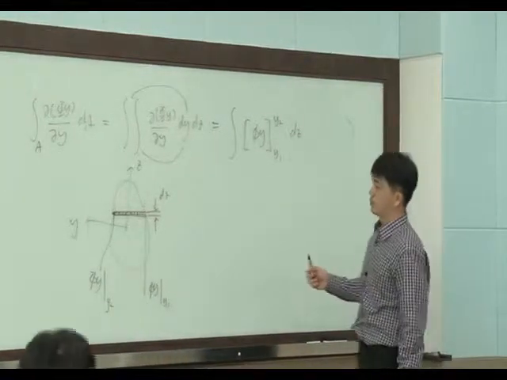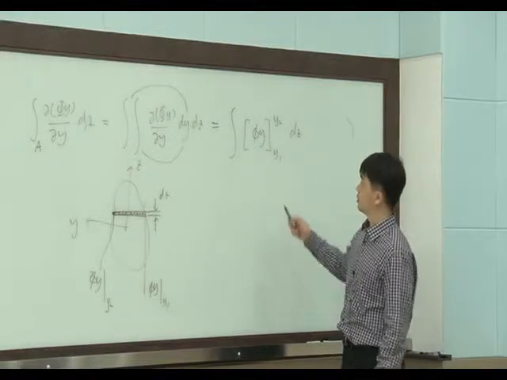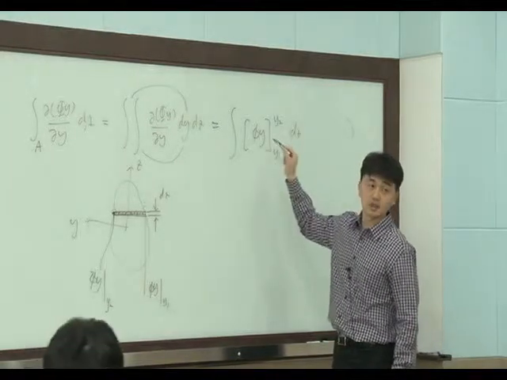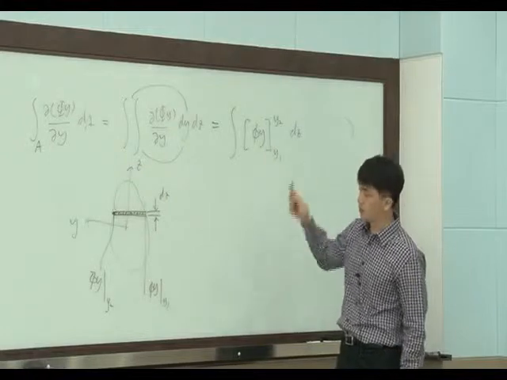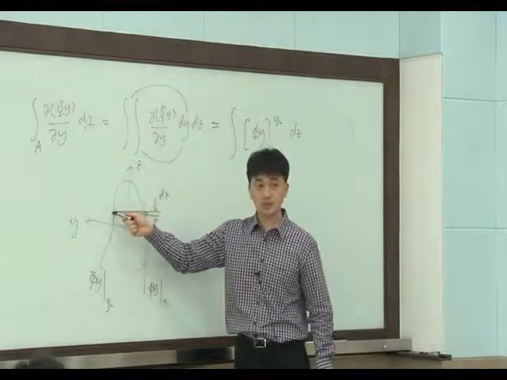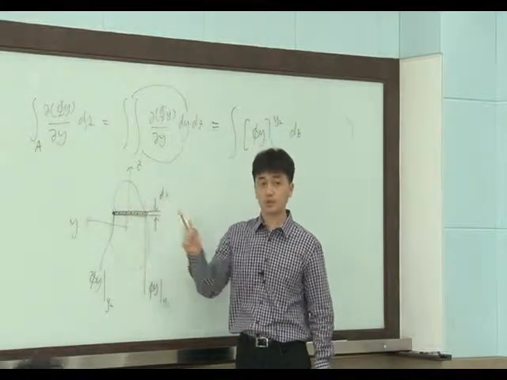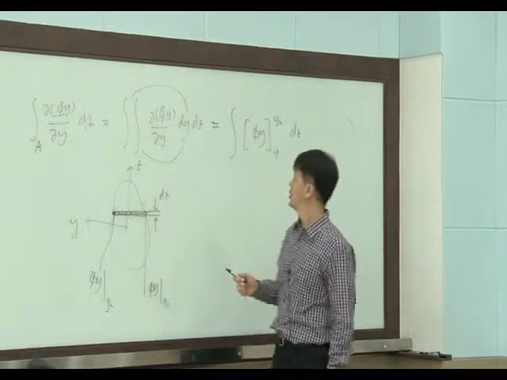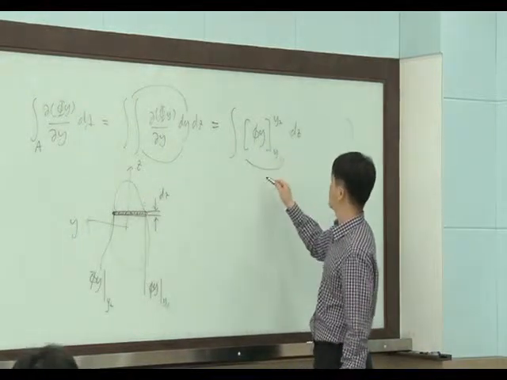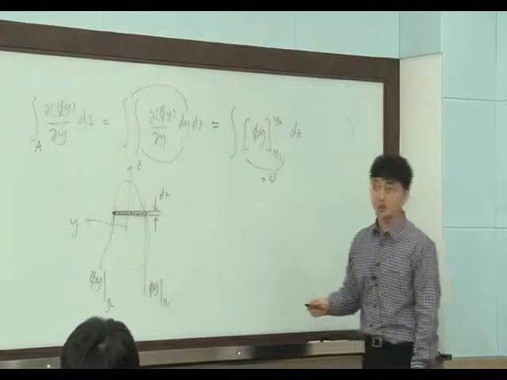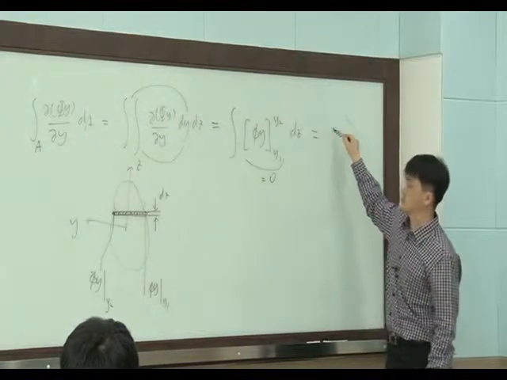But here we need to remember the stress function equals 0 on the boundary. This point and this point are your boundary, right? So the result of this is 0, and the whole of this integration becomes 0.